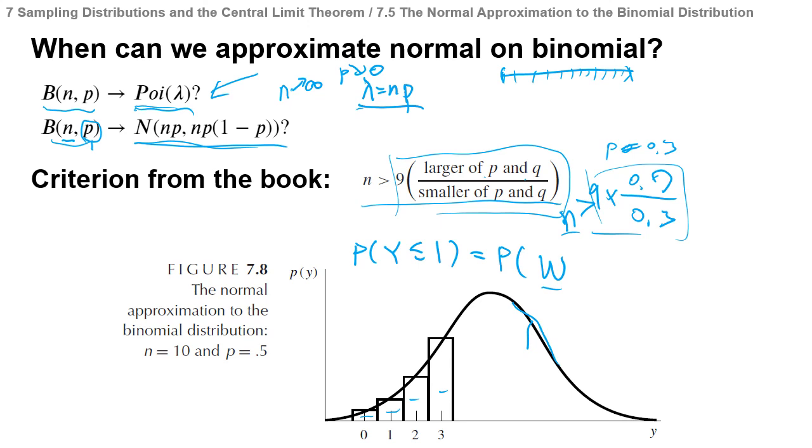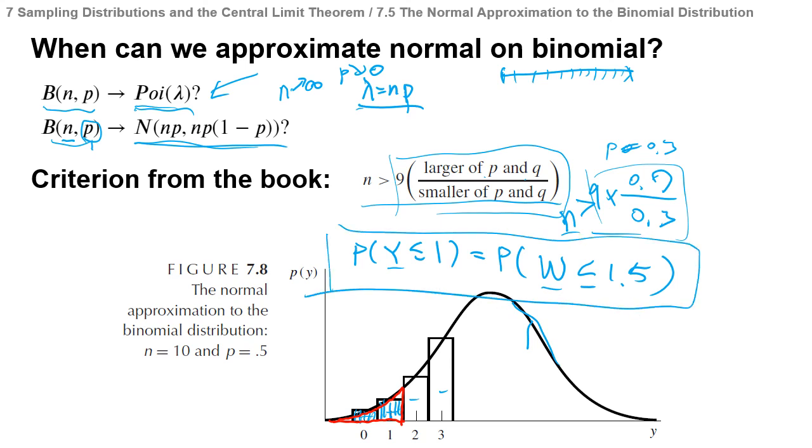Y less than or equal to 1 is the sum of these two rectangles, and that quantity can be approximated by the region of this red area, which is W less than or equal to 1.5. Okay, so this way, you can approximate the binomial distribution with the normal distribution.